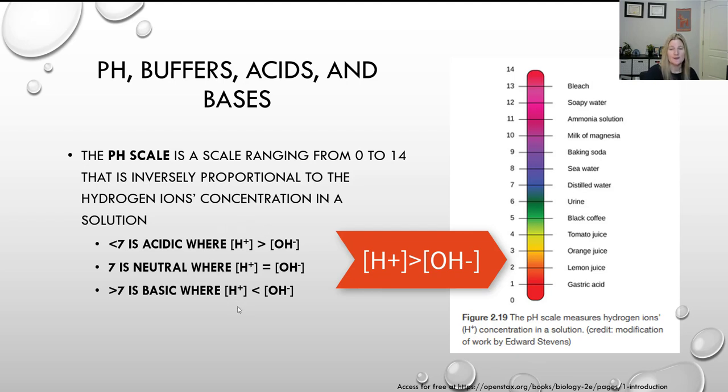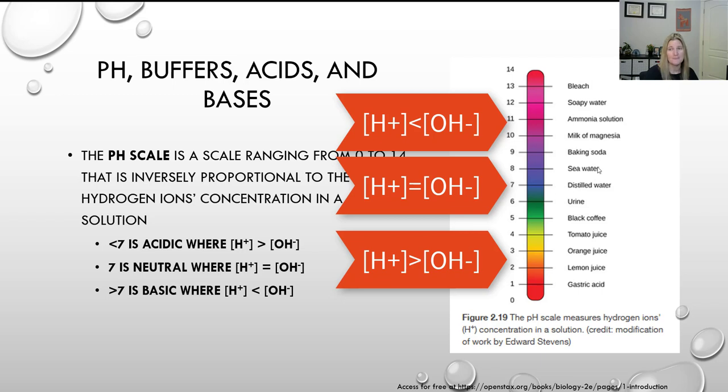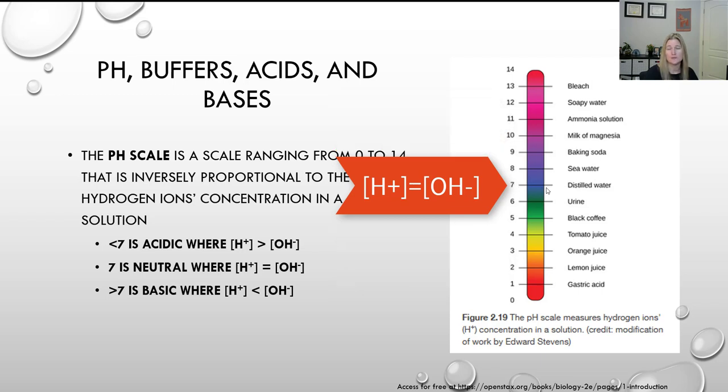If the hydrogen ion concentration is less than the concentration of hydroxyl ions, that means it's going to be basic, or greater than 7 on our pH scale. If the hydrogen ion concentration is equal to the concentration of hydroxide ions, then we consider that neutral, or pH 7.